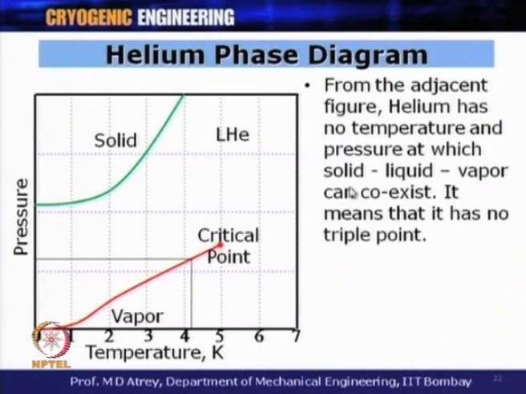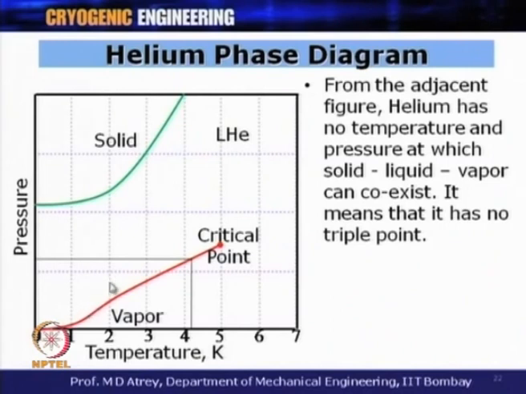All right, and this is a very important aspect of helium. From the adjacent figure, helium has no temperature and pressure at which solid, liquid, vapor can coexist. It means that it has no triple point, and this is why we say that if you go on reducing the temperature of helium, it will still remain in liquid state.